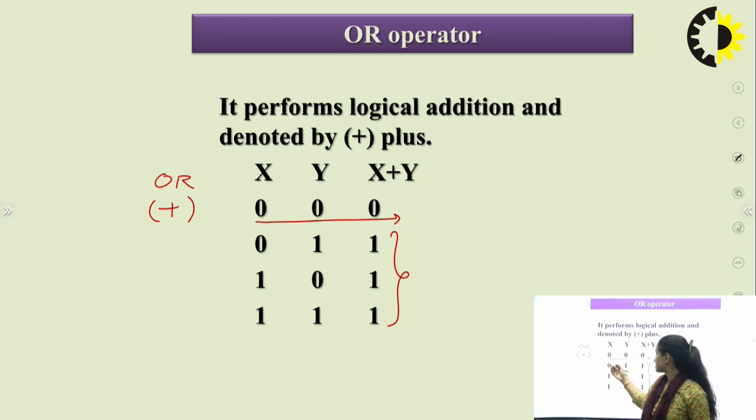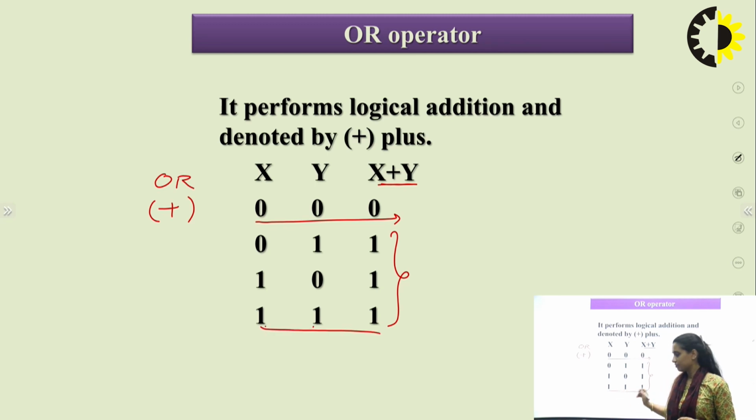As I earlier discussed, if there is a 2-bit binary input, then the number of possible outcomes will be 4, corresponding to 0 0, 0 1, 1 0 and 1 1. As it is the OR operation, which is logical addition, 0 plus 0 will give you 0, 0 plus 1 will give us 1, 1 plus 0 gives us 1, and 1 plus 1 gives us 1. This is how my OR operation works.